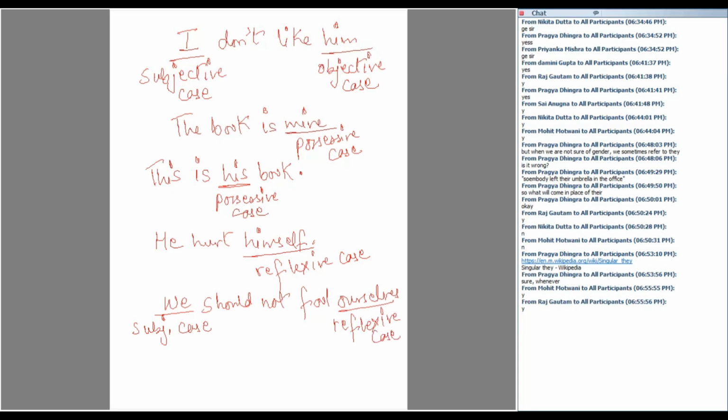In the previous sentence, the pronoun he is subjective case and the pronoun himself is reflexive case. So whenever you add the word self or selves to a pronoun, it becomes reflexive case. So depending on where you are using the pronoun, you will have to use appropriate cases.